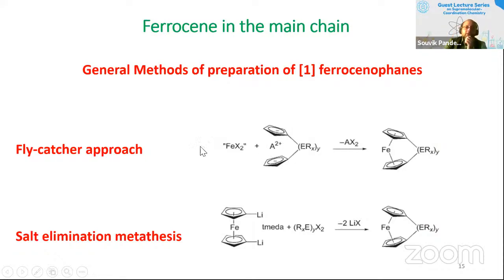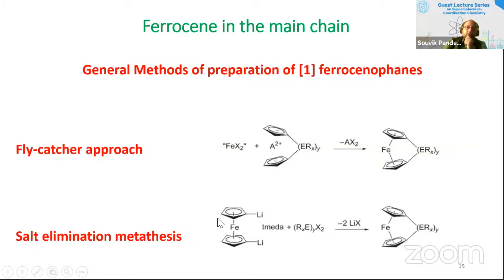So what is this? We use an FeX2 type of compound and E2+ with Cp rings, and X2 with E2, they go out and Fe comes in. And they form this kind of polymer, and E is the metal or whatever the element is, sulfur, silicon, or whatever.